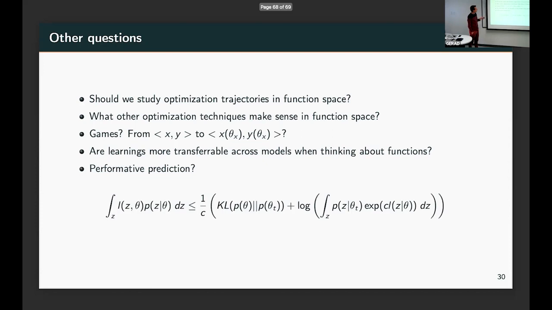And then one last thing, performative prediction. Who knows what performative prediction is? Okay. It's usually when you deploy a system in the real world and the users of the system are going to adapt what they do in response to that system. So if you have a university acceptance system, then students are going to study different things given the acceptance system.